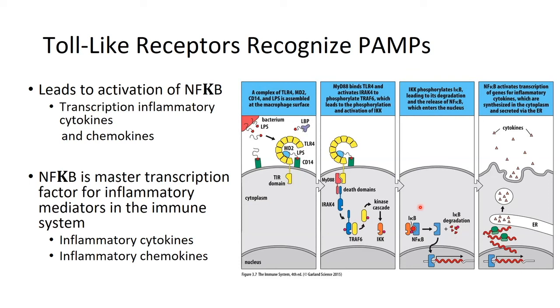Inside the nucleus, NF-kappa B acts as a transcription factor, and it turns on transcription of a bunch of genes that are involved in the inflammatory response, including cytokines and chemokines. So basically, the point of all this is the cell detects a pathogen-associated molecule. The cell responds by turning on NF-kappa B and turning on a lot of different cytokines and chemokines that kick the immune response into gear. Does that make sense?